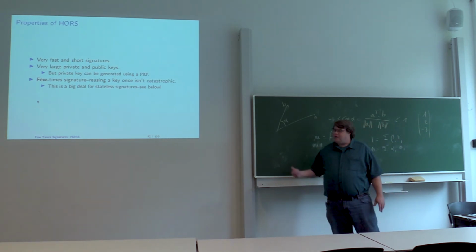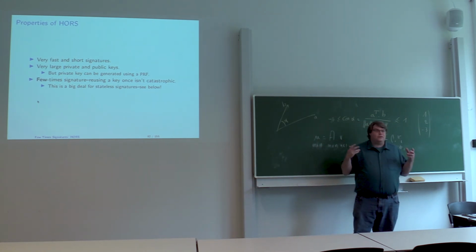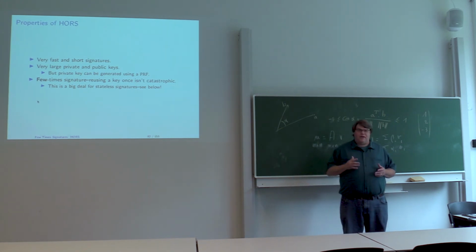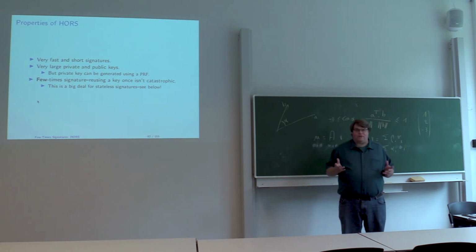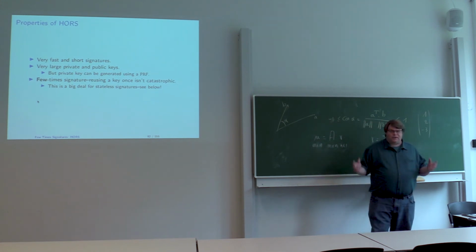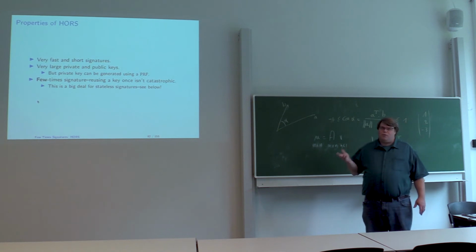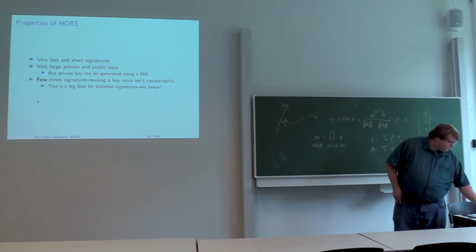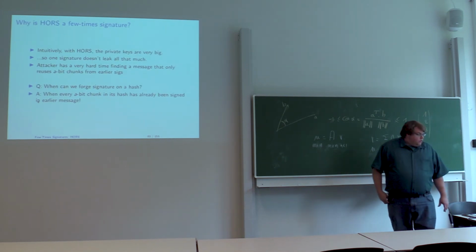When you think about this HORS signature, each time you do the signature, in this case with 16, you're giving away 16 values out of 2 to the 16. Okay? So you're giving away a really small fraction of your private key. So just intuitively, without knowing the details of how the attacks work, it makes sense that you can get away with signing more than once with this scheme, right? Because you're not giving away so much of your private key.